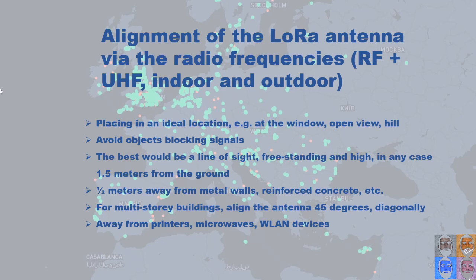For multi-story buildings, if you have big buildings with a lot of neighbors, the antenna is supposed to be at 45 degrees diagonally on the wall, and set away from the printer, microwaves, and WLAN devices.